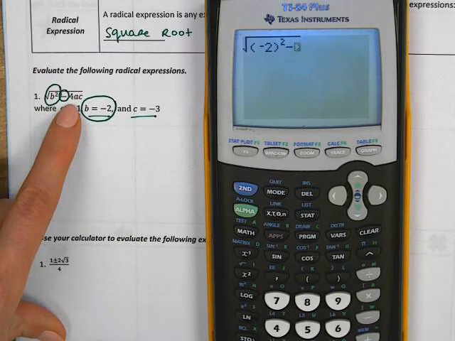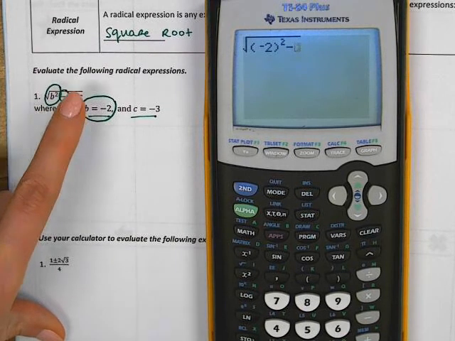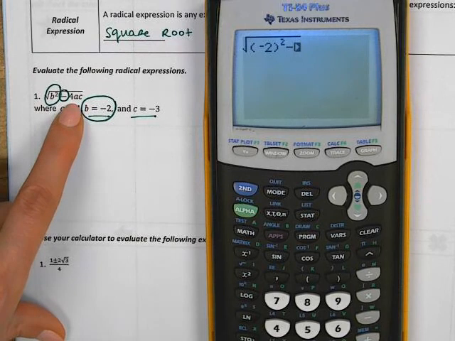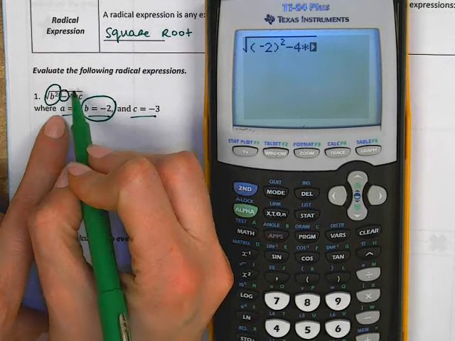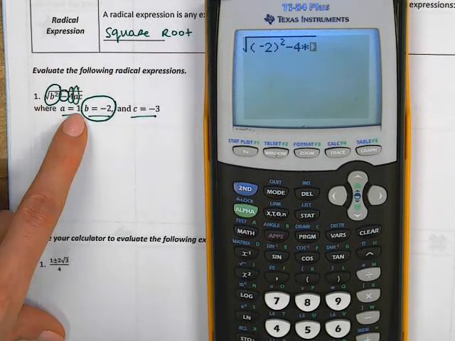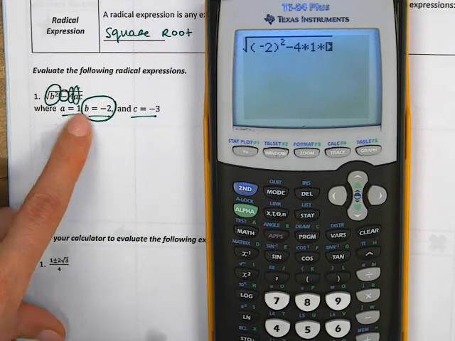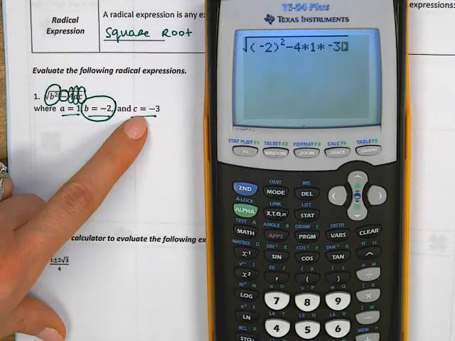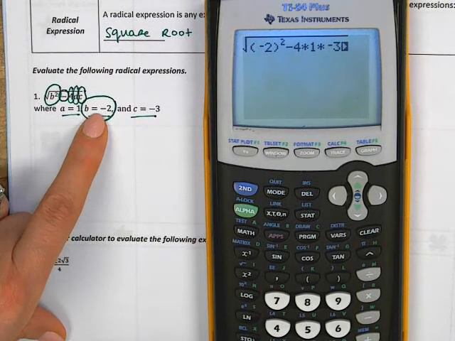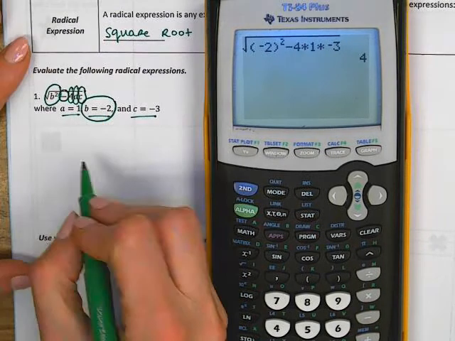Then we have to do 4 times a times c. So 4 times a is 1 times c is -3. So you're literally just typing it in as you see it. And you should get 4. The answer is 4.